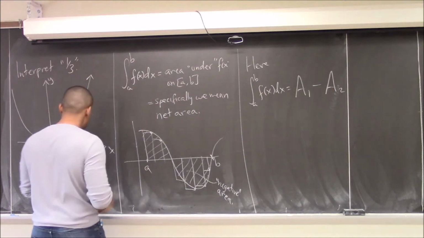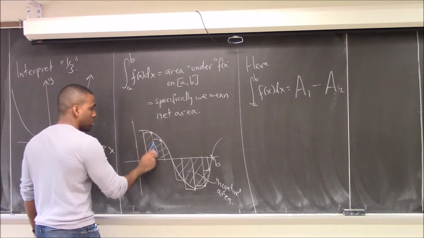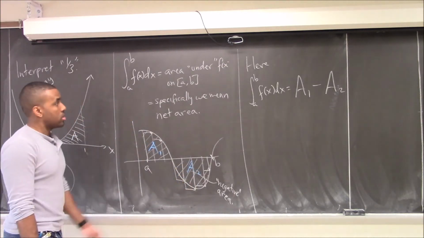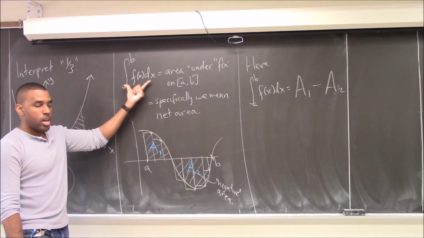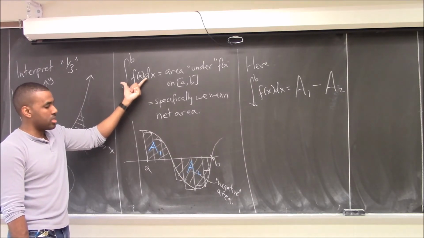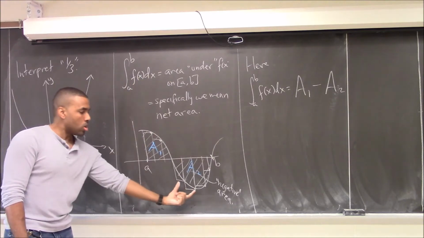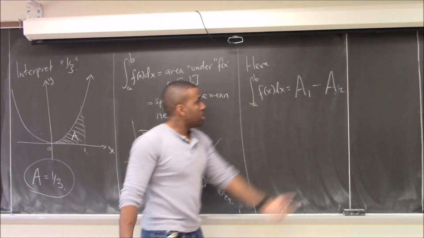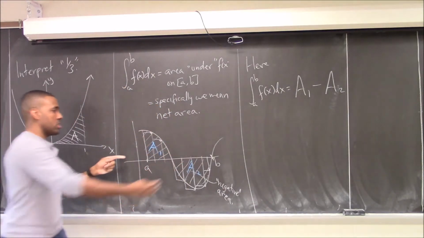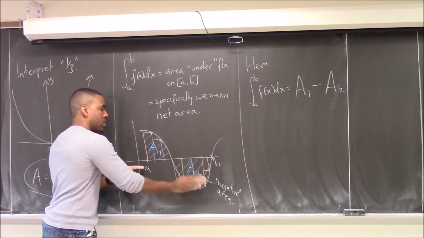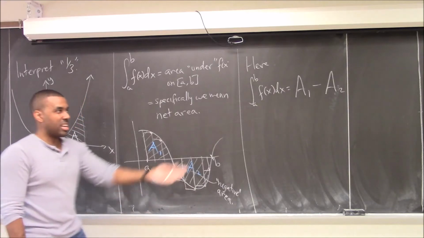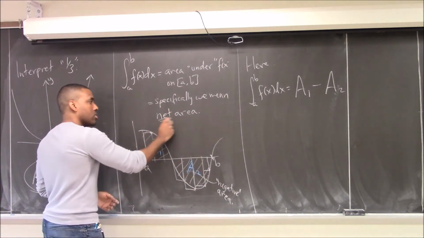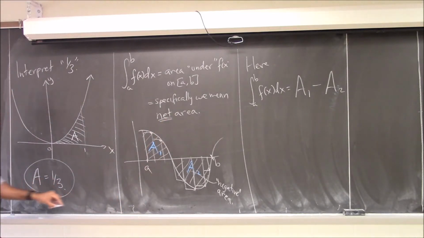So if this I call A1, that's the area of the first part, this is A2, the area of the second part. The way we set this up using the function as giving the heights of our rectangles, we'll get negative values here, and so that will give us a negative area. And so if I just take this integral over this interval, it'll give me a negative area here and a positive area here, and it'll actually cancel things out. And so that's why it's really the net area. And so that's a better way to think of it specifically.